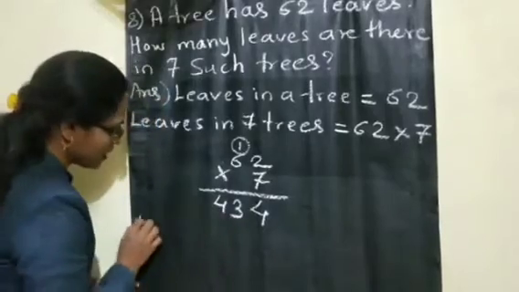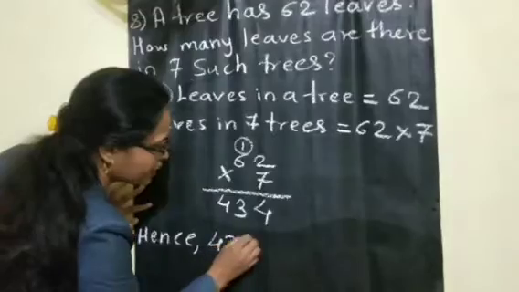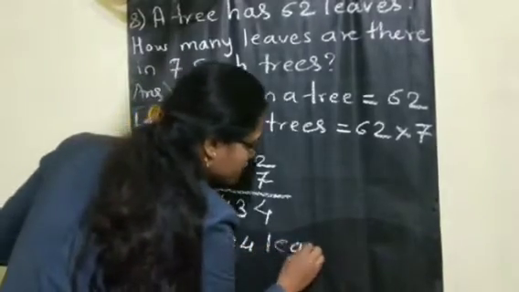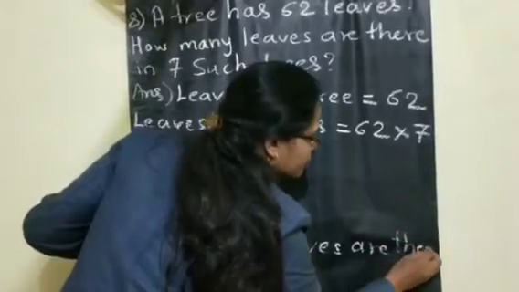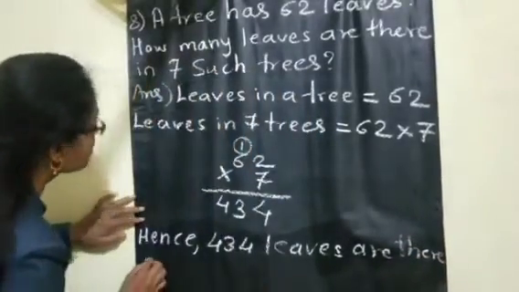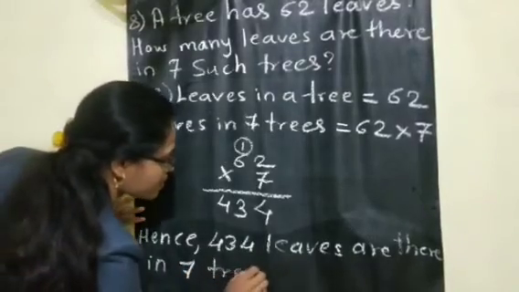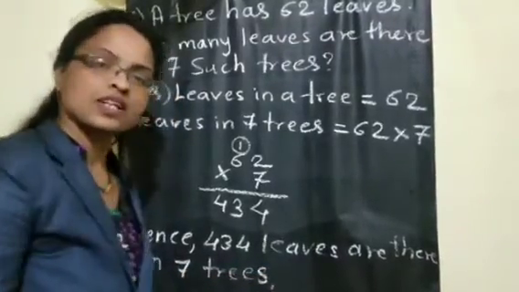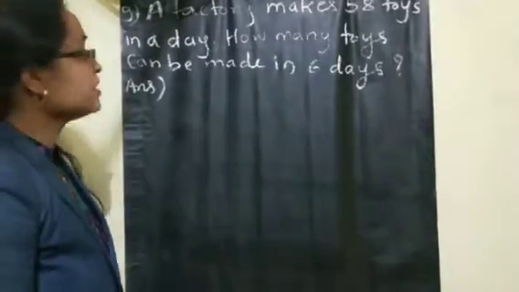So, hence, 434 leaves are there in 7 trees. Okay, understood?